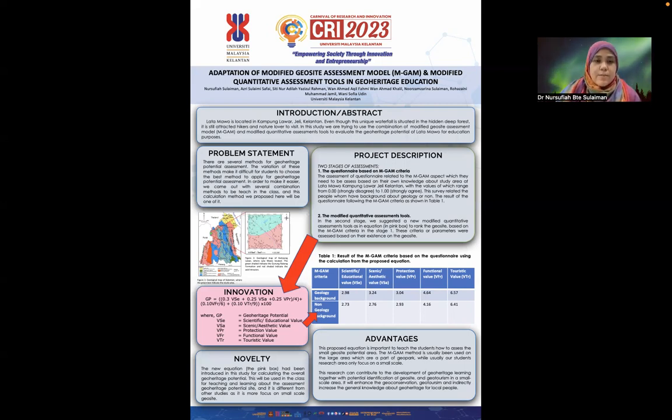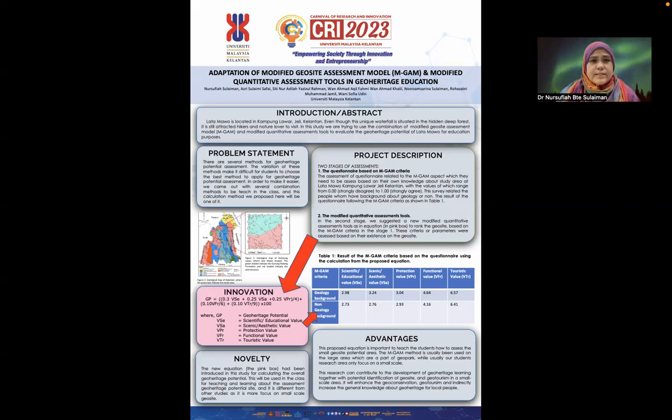As a problem statement, there are several methods for geoheritage potential assessment. Because of this variation, it is difficult for students to choose the best method to apply for geoheritage potential assessment.